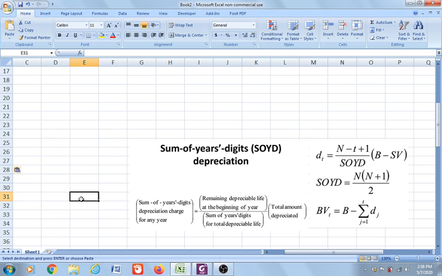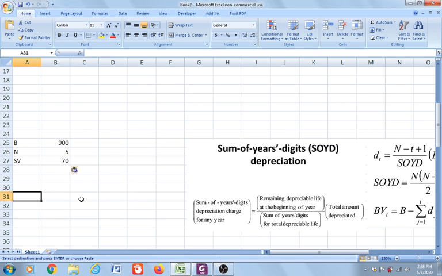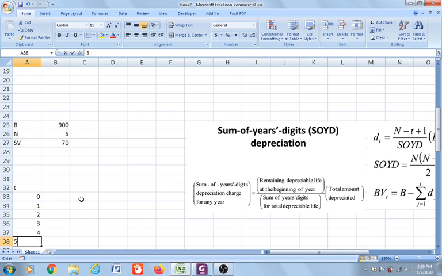Now let's apply this method to the same example. So we will have years 0, 1, 2, 3, 4, 5.